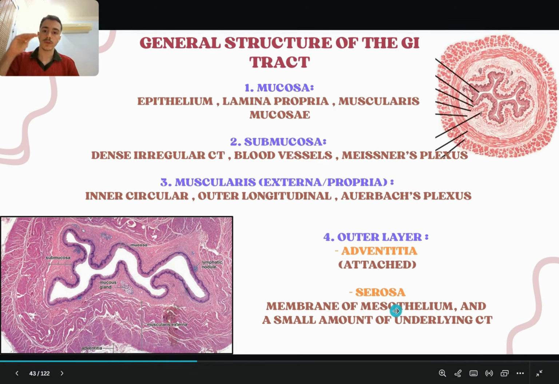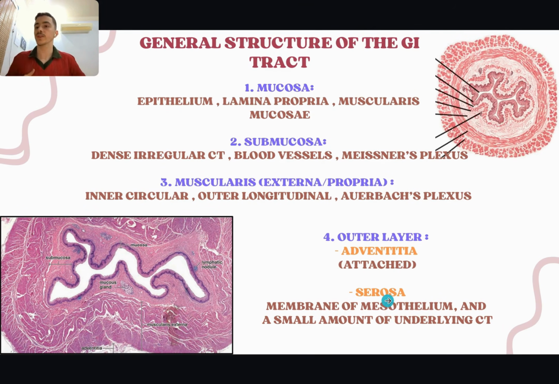Mesentery is always supposed to be with serosa because it's like an extension of it. So the serosa, you find it where? In the abdominal cavity, right? Our esophagus is not in the abdominal cavity. Most of it, until the last part of it, is all in the thoracic cavity, so it's going to be adventitia, tamam.